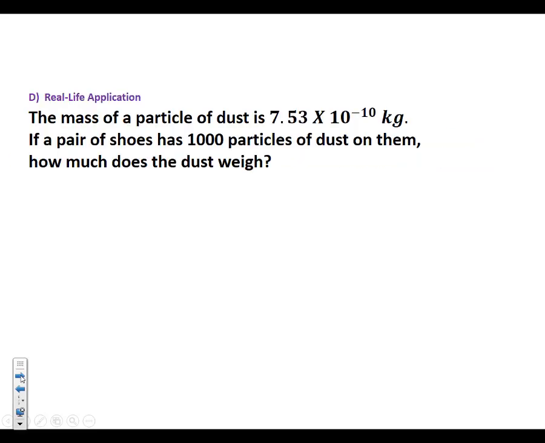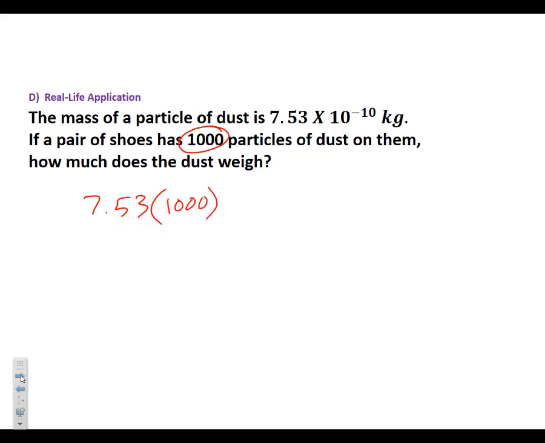Our last example before our quick write, a real life application. The mass of a particle of dust is 7.53 times 10 to the negative 10th kilograms. If a pair of shoes has 1,000 particles of dust on them, how much does the dust weigh? Well, the first thing I'm going to do is take 7.53 and multiply it by 1,000 because I want 1,000 of those.